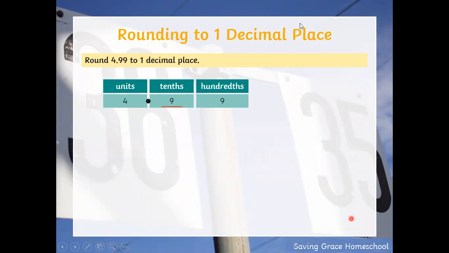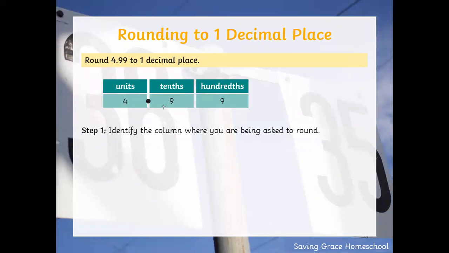Okay, let's do another one. This one is a little bit tricky. They want to round 4.99 to 1 decimal place. Step 1, identify the closest, the 10th, we have 9 that we want to know.